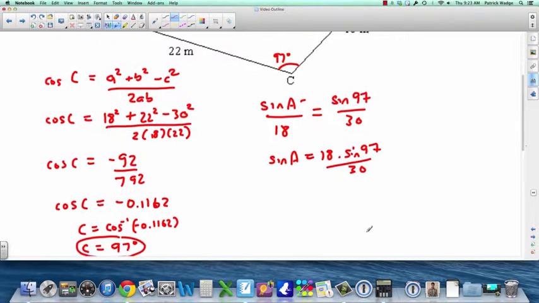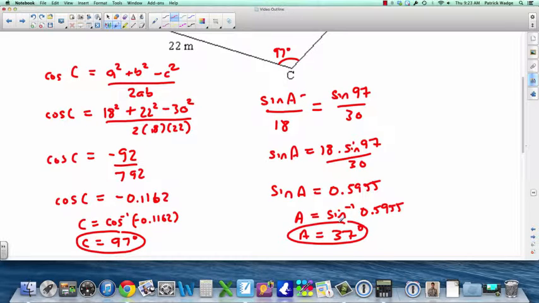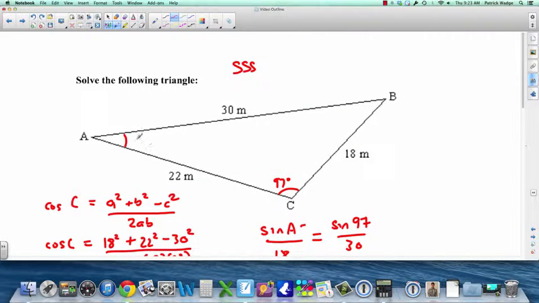If you do that, you will get that sine A is equal to 0.5955. That's what sine A is. In order to get A, I do inverse sine or arc sine. And if you put that in your calculator, you're going to get 37 degrees. So this angle is 37 degrees.